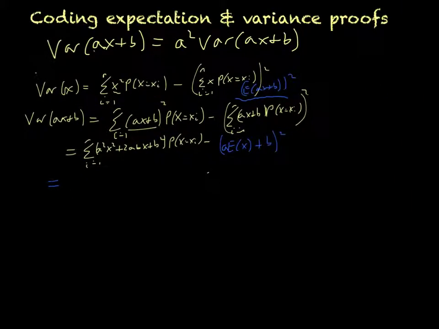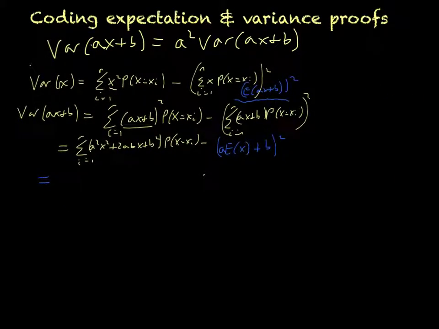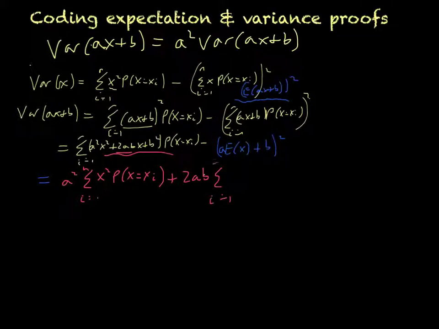So this time, we're going to expand this thing out again. The a squared can come on the outside. We're getting used to this now. We've got x squared p of x equals xi, plus, and here 2ab can come out, 2ab, i equals 1 to n of x, p of x equals xi.